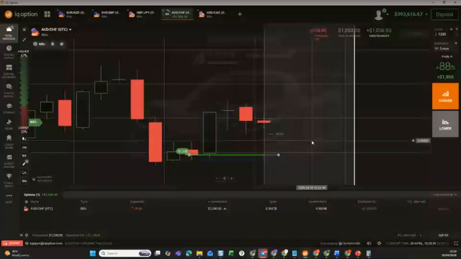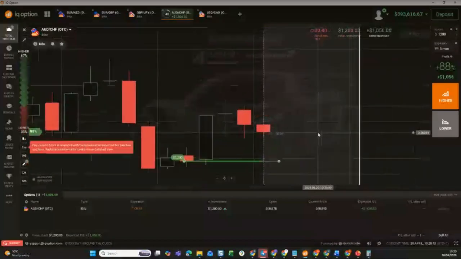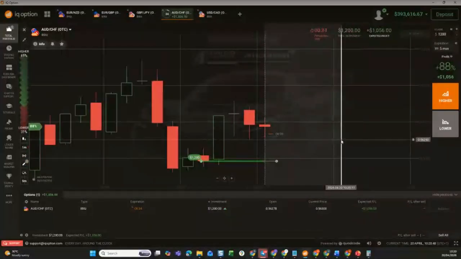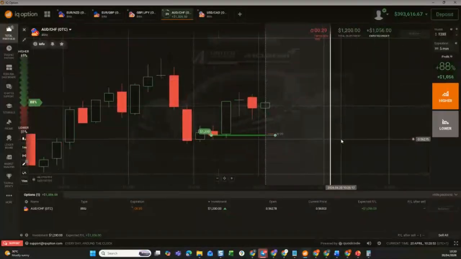So this is 45 seconds to go before the end of this signal. Let's see if we have sealed this one on the first martingale level. So let's see, 36 seconds. 20.